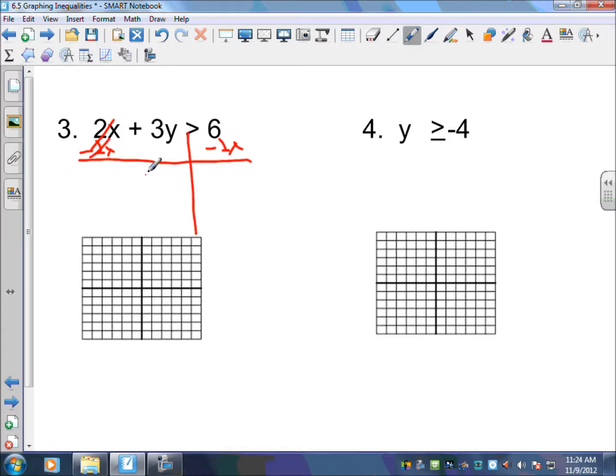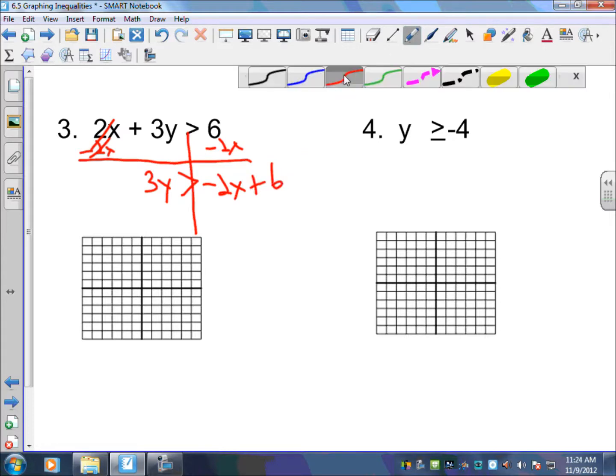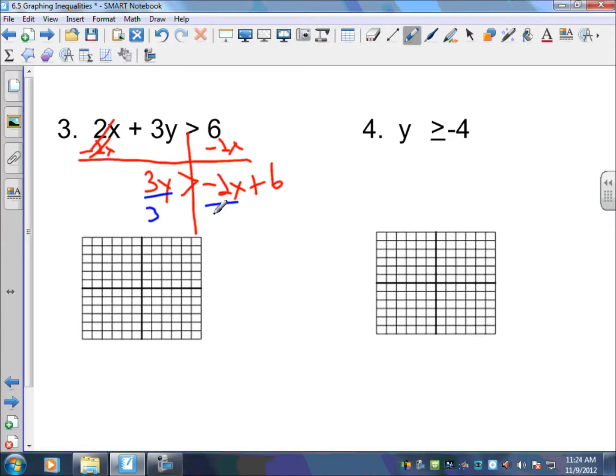This becomes 0. 3y is greater than negative 2x plus 6. Now I divide everything by 3. 3 over 3 becomes 1. So 1y and y, same thing. y is greater than negative 2 over 3 x plus 2.